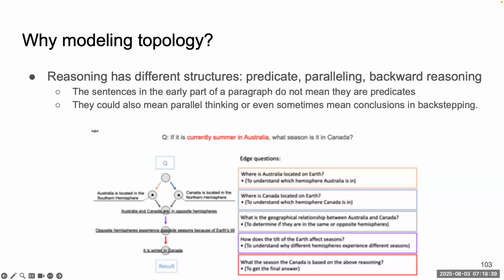But if you use a paragraph to concatenate them all together, then you have the order, and this order is going to make a difference, right? That's the motivation for why the topology of reasoning steps is more important: when you quantify the uncertainty, you want to make sure those parallels are considered the same, right?